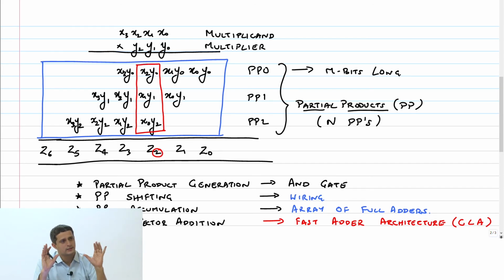If you just put full adders, that last stage is just like a ripple adder. You can speed up that process by making that a faster, more intelligent adder, is all I am saying. The last row in the array happens to be a ripple adder. Other things are not ripple adders. They are full adders, but it's not a ripple adder. Okay, we will see why.